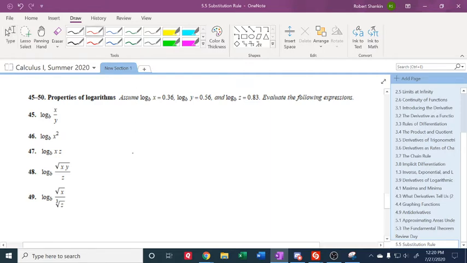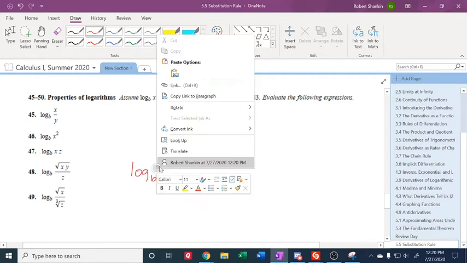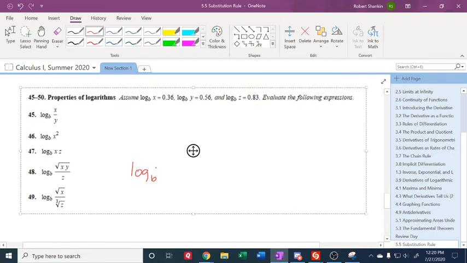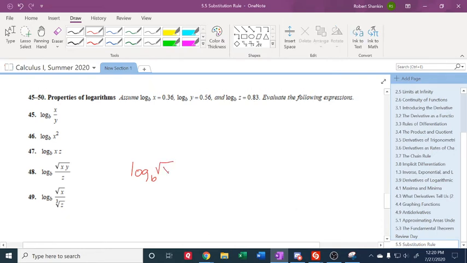All right. Let me show you this much of it. If we just isolate this part, log base b of the square root of x. Now, I know this is true. So is this equal to the square root of 0.36?